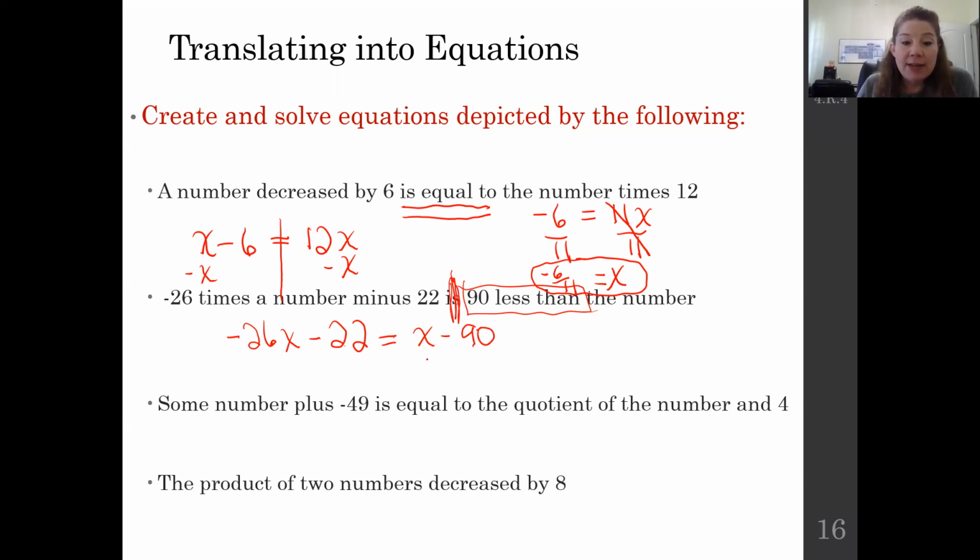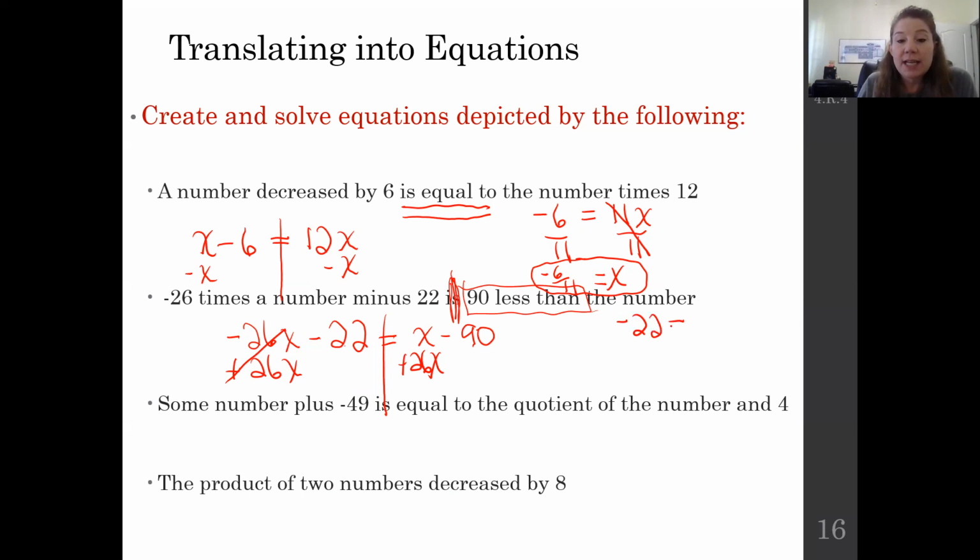All right, so we have x's on both sides and constants on both sides. So let's get our x's together. We're going to get rid of the smaller. So negative 26 is smaller than positive 1. So we're going to add 26 to both sides. I'd have negative 22 on this side.